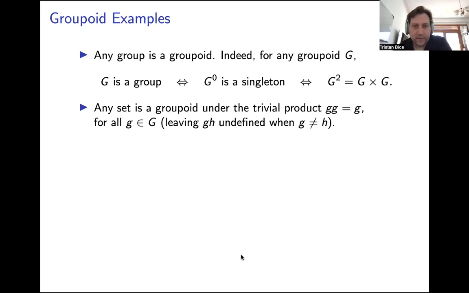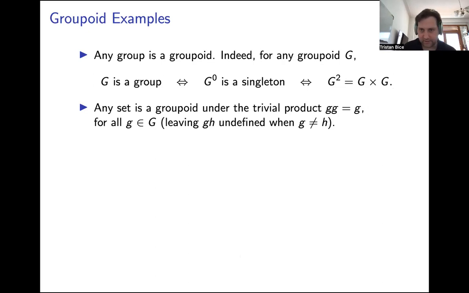At the other extreme, you can just take an arbitrary set and you can easily turn it into a groupoid by just giving it this trivial product. So you just declare that G times itself for any element in your set is just equal to G again, right? And you just leave the product undefined for all other pairs. So whenever G is not equal to H, you just say that GH is not defined.